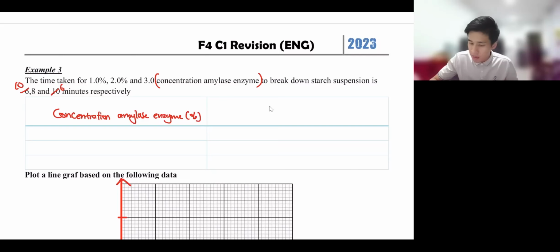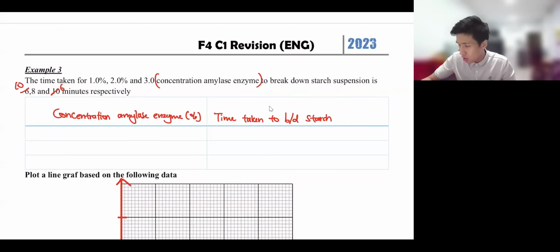Okay, then the responding is the time taken to break down the starch. Now this one we will learn in chapter 5, means next week. Next week we do chapter 5 already. So time taken to break down starch suspension. More enzyme, the faster the time actually. So the time taken here, the unit is minutes.